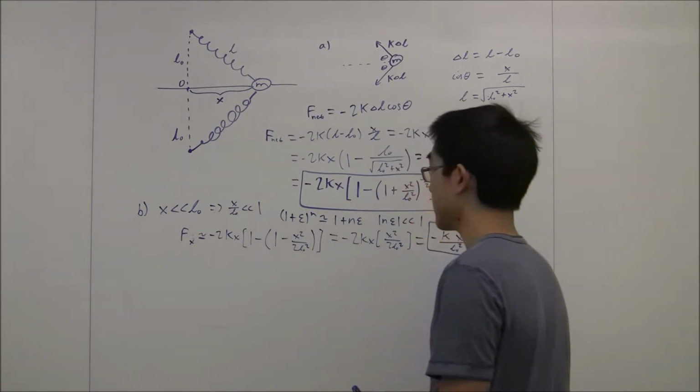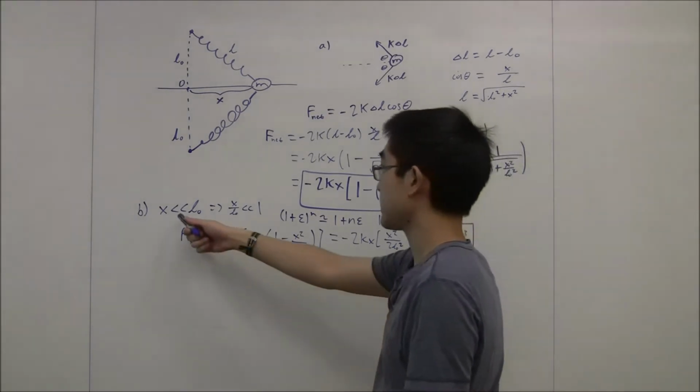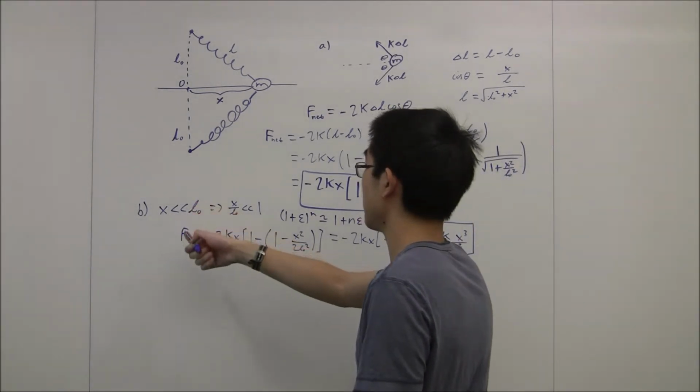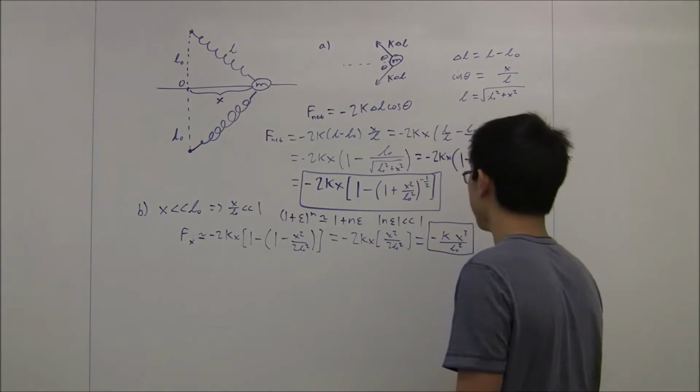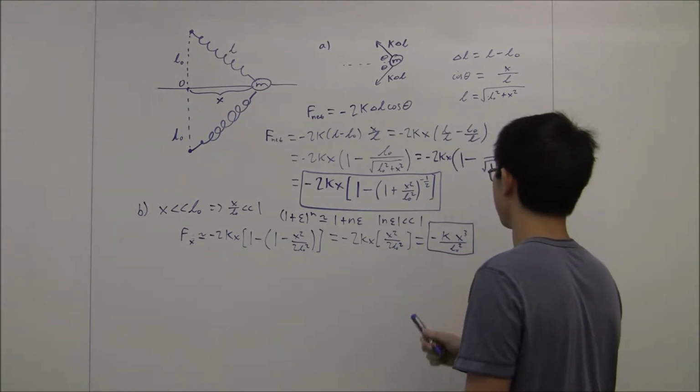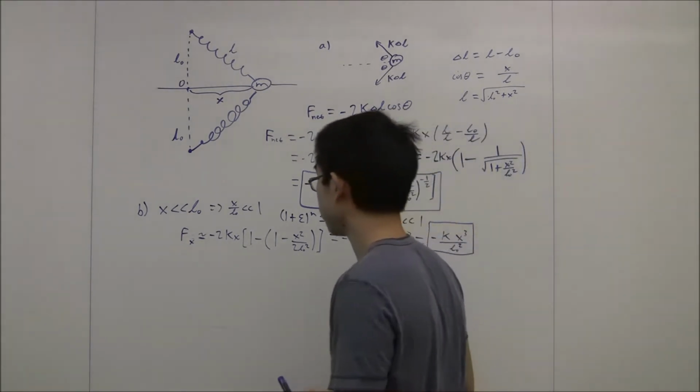So here we've shown that for small x, or x much, much less than L naught, the net force on the bead is going to be a function of x cubed.